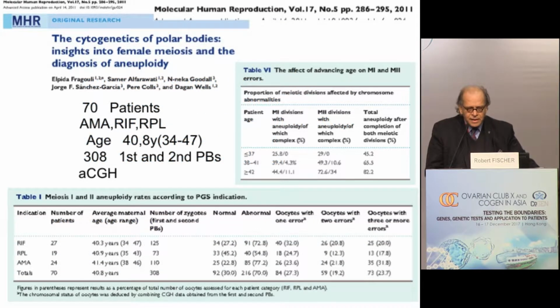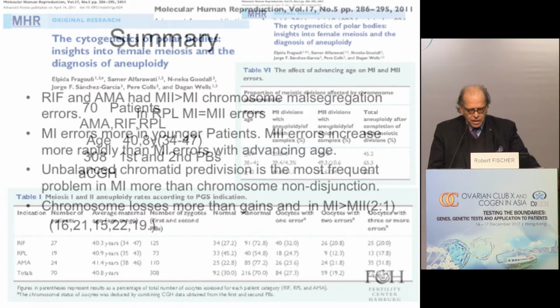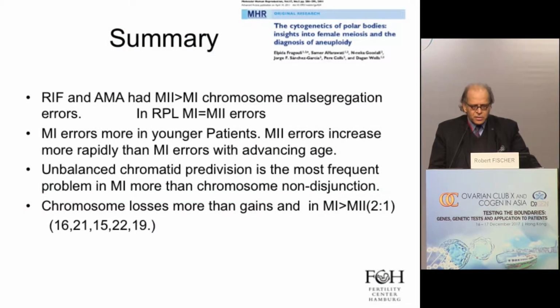And in 2011, the group from Oxford, led by Dagan Wales, came up with this very nice paper looking at 70 patients where they did polar body analysis, first and second polar body, in advanced maternal age, repeated implantation failure, and repeated pregnancy loss. Just to summarize very shortly, they showed that recurrent implantation failure and advanced maternal age had mainly meiosis 2 more than meiosis 1 chromosome malsegregation errors.